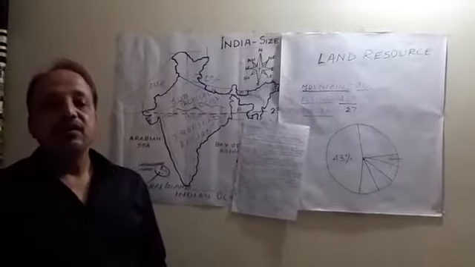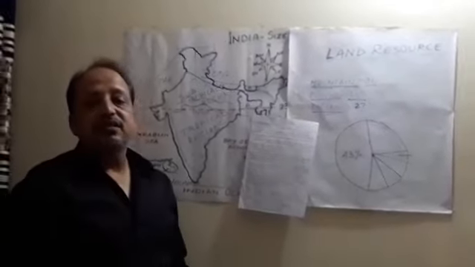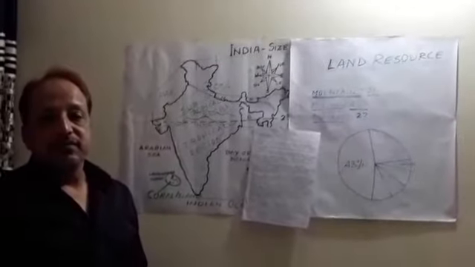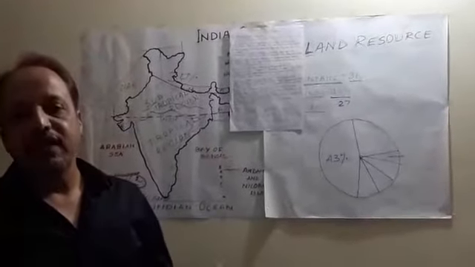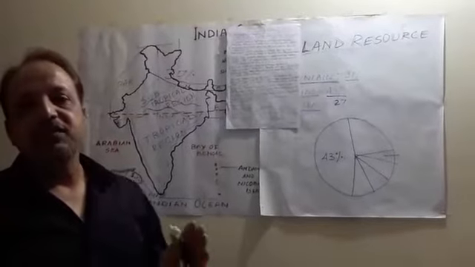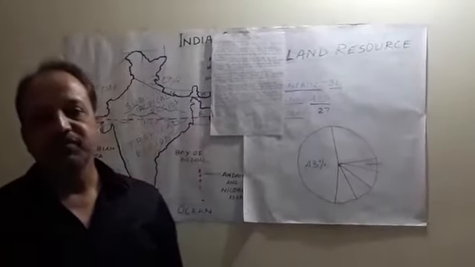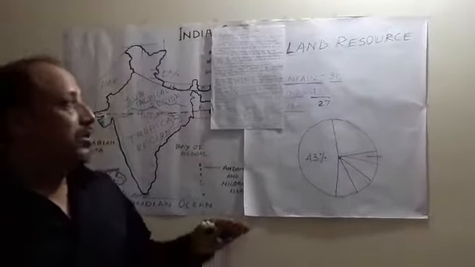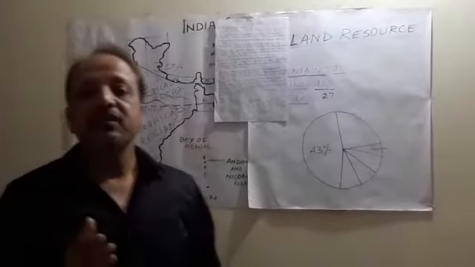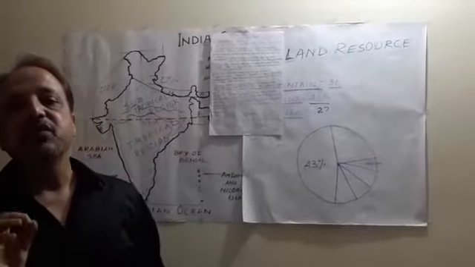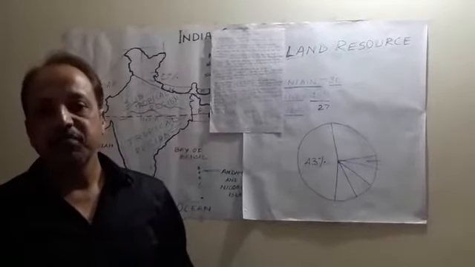Both factors determine the use of land. Every country has its own land use pattern because every country has different landforms, and according to that, when a country uses the land for various purposes, that is what we call land use pattern.